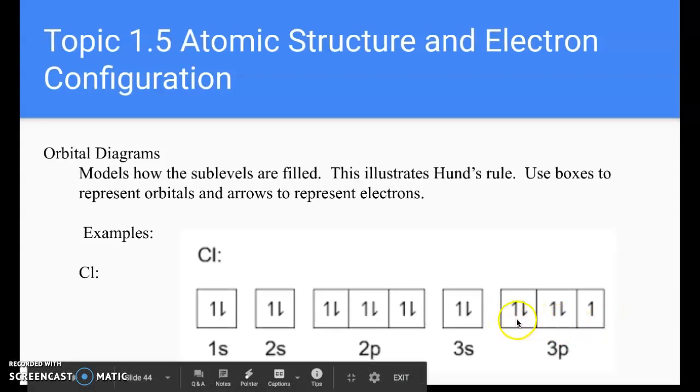So the order in which you place these 5 electrons: the first one goes here, the second one goes there, the third one goes here, the fourth one, now you have to start pairing them up, so that's going to go right there as a down arrow, and the 5th one goes right there. So that's what chlorine's orbital diagram looks like.